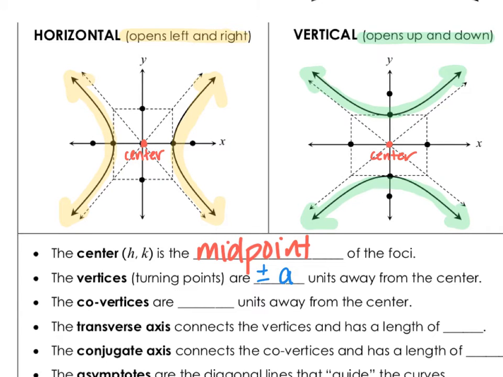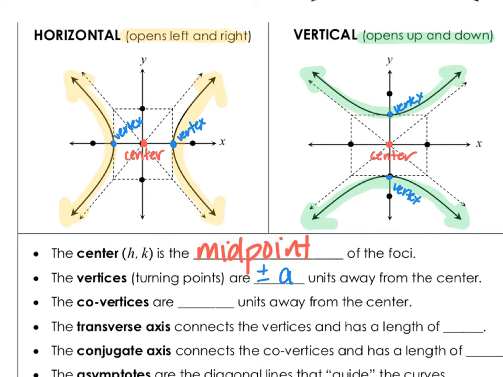So these are the points of the hyperbola that are the closest to the center. So here's a vertex, here's a vertex, here's a vertex, and here's a vertex.